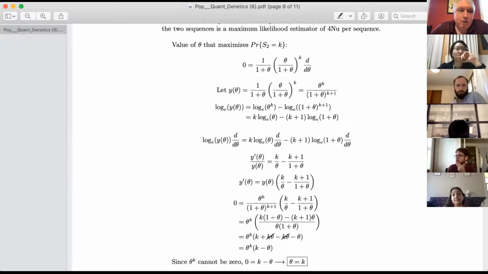So we've gotten to the holy trinity here of two sequences. What we found is that the probability that there were k differences between them was equal to equilibrium homozygosity times heterozygosity raised to the k, and the only parameter in those things is theta. We then found the expected number of differences between two sequences was theta. The variance between them was theta squared plus theta.